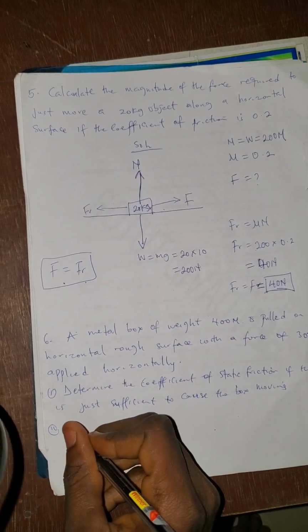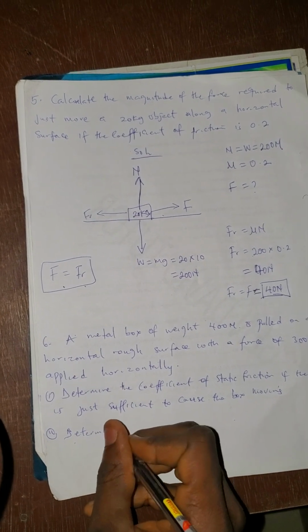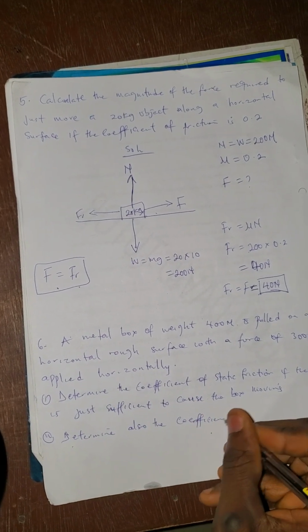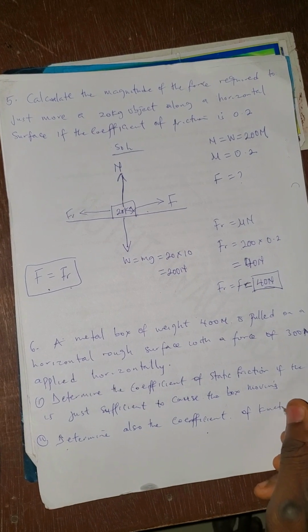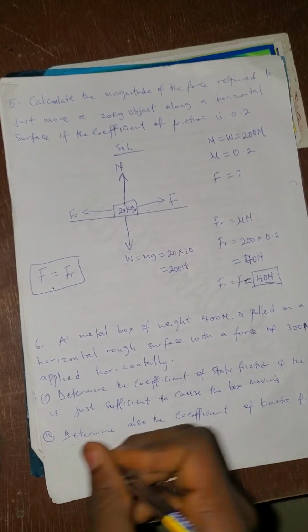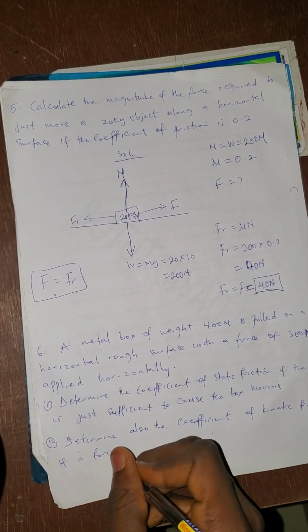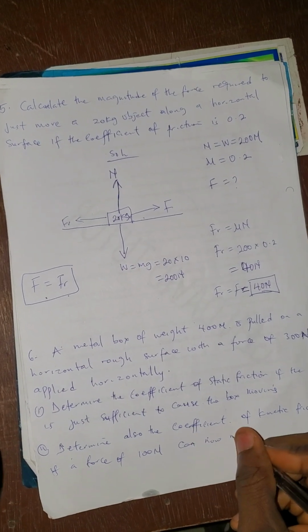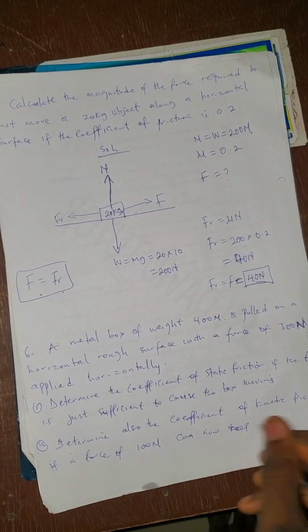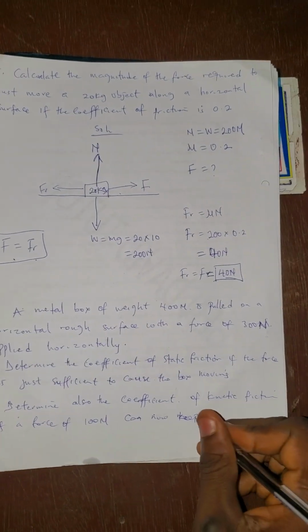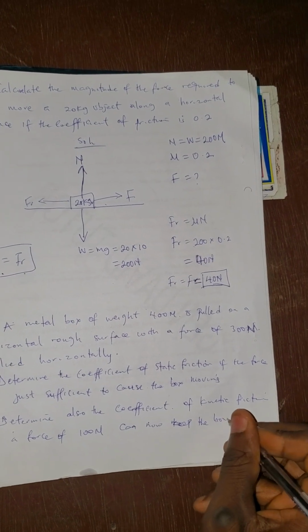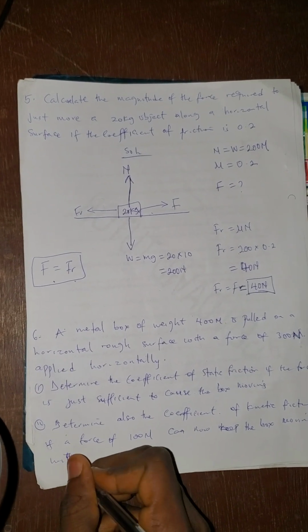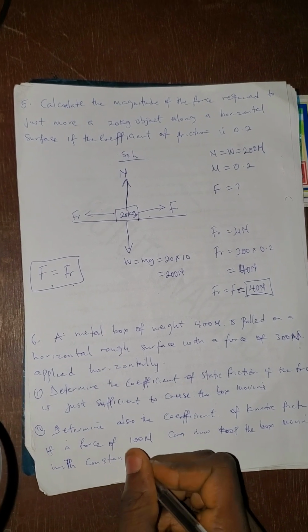Question 2: determine also the coefficient of kinetic friction if a force of 100 Newton can now keep the box moving with constant speed.